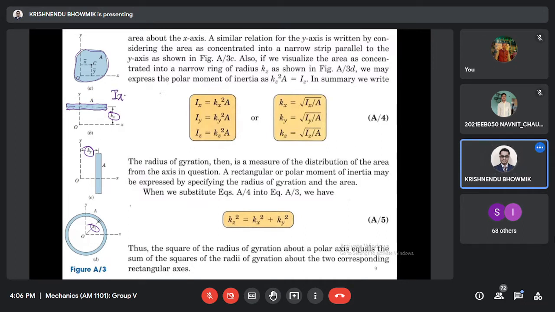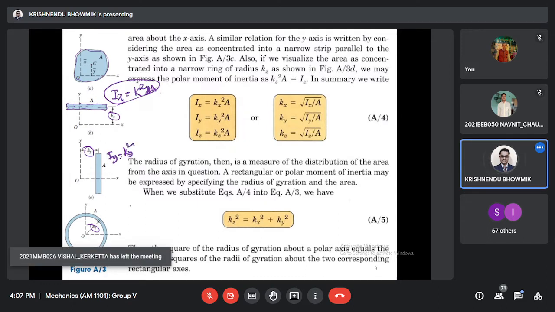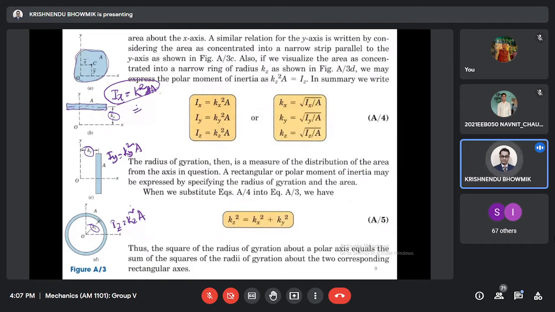then Ix will be k square dA. Sorry, total is A. This Ix will be kx square A. Here Iy will be ky square A. Here Iz will be kz square A. If I equate this with what we considered at the beginning, now we are considering a very thin strip, parallel to the x-axis, y-axis, or z-axis.